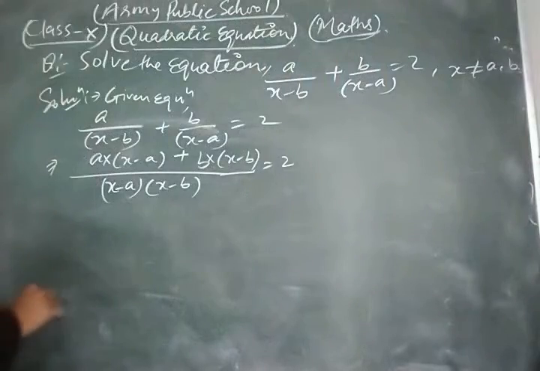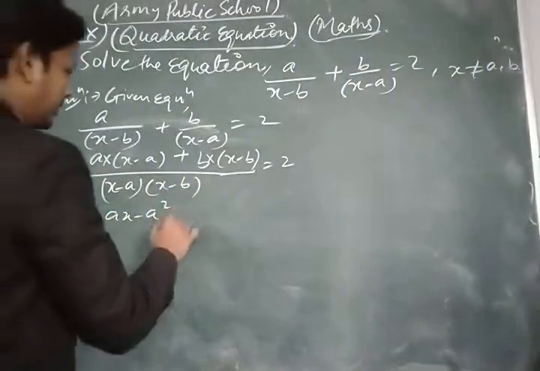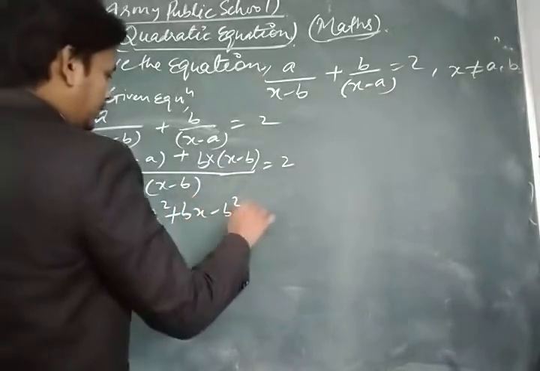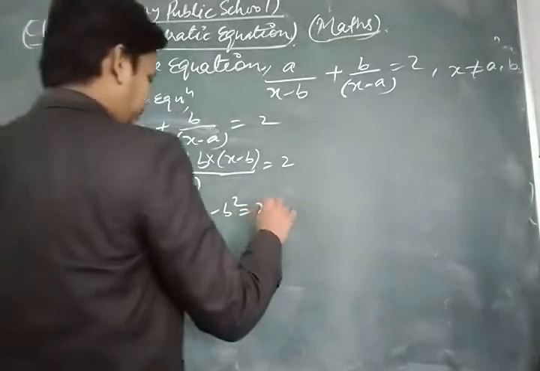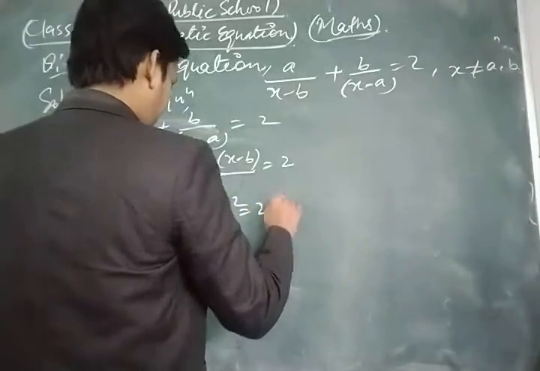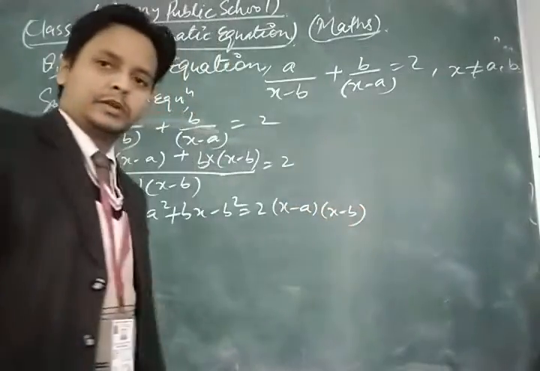So this is ax minus a square plus bx minus b square is equal to 2 times (x minus a)(x minus b).